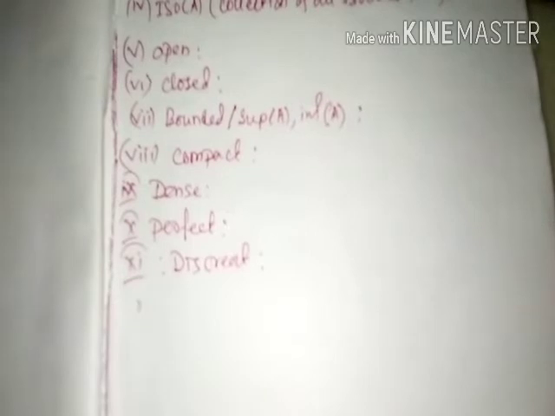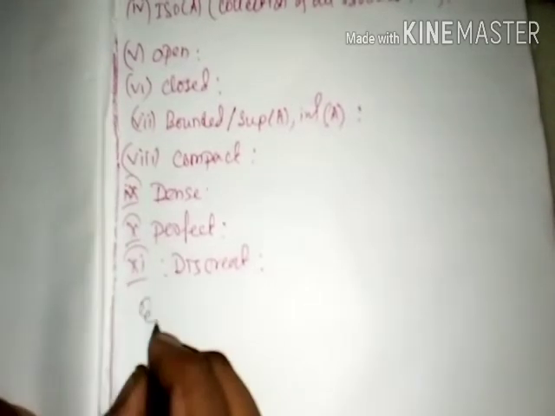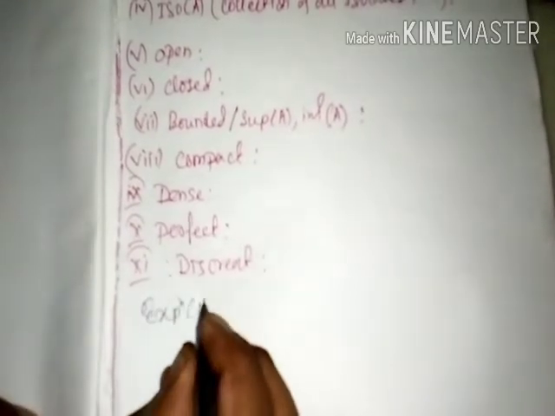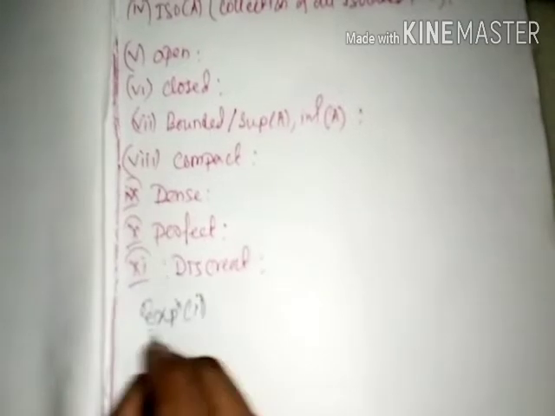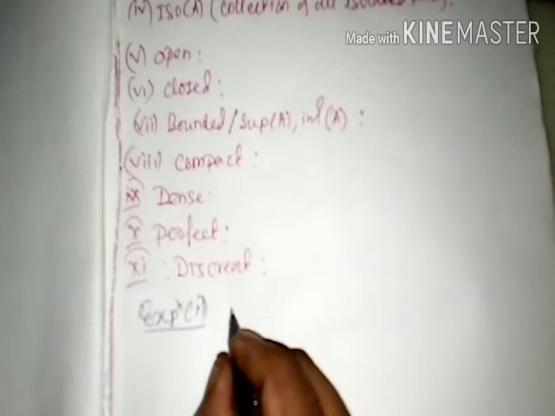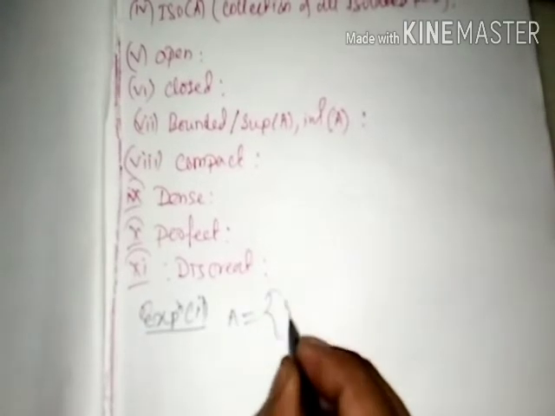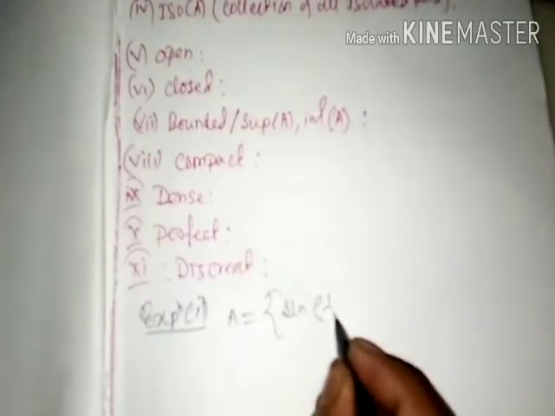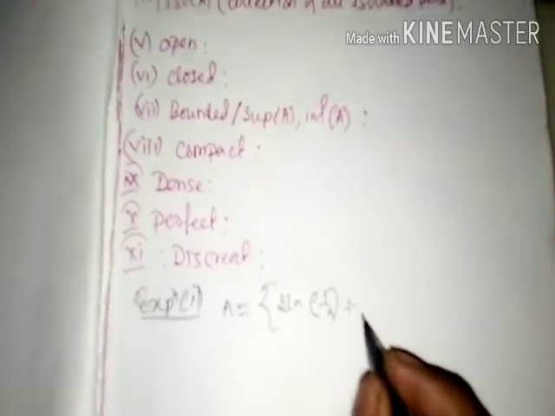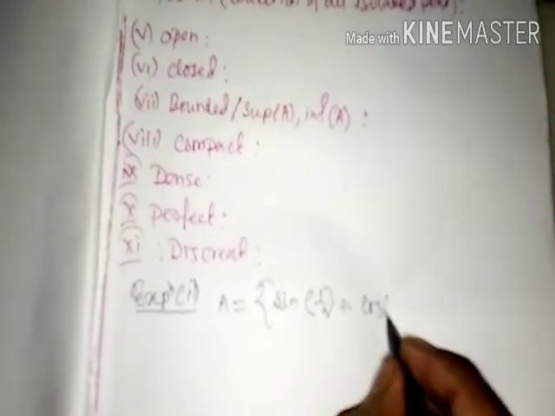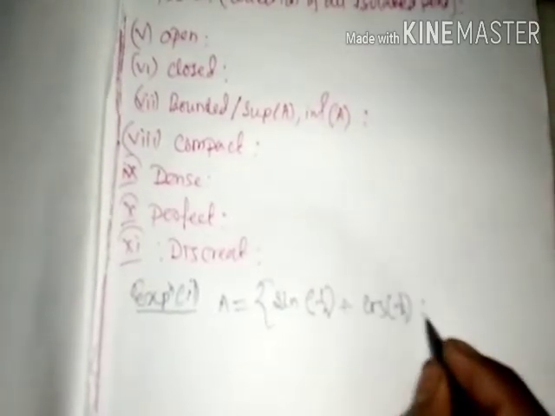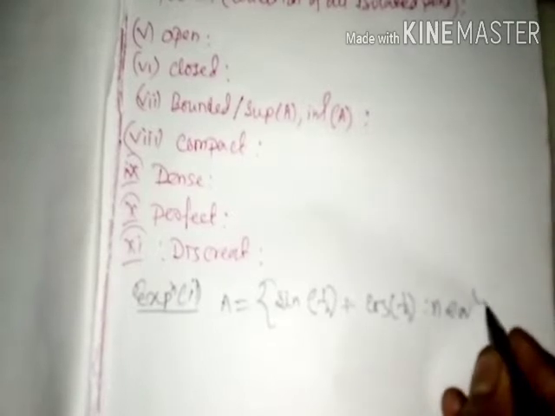Explanation of option 1. A is given as {sin(1/n) + cos(1/n) : n belongs to N}.